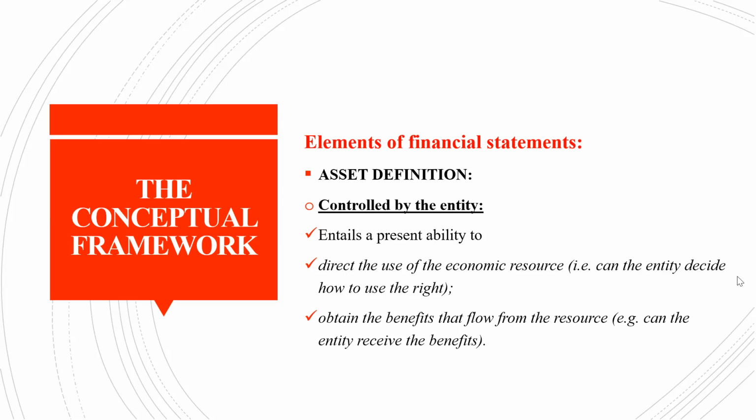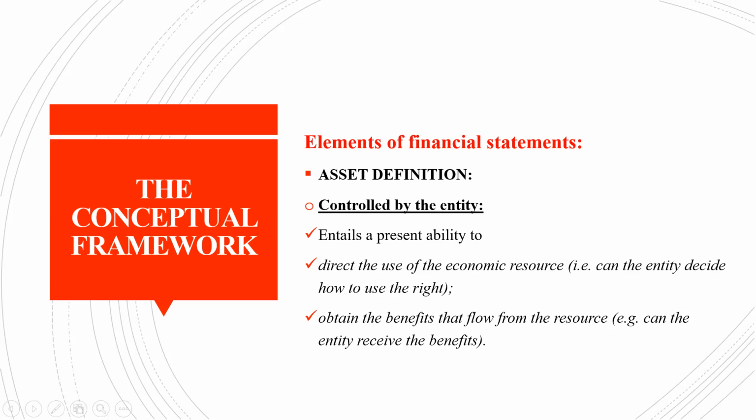In other words, the entity has the right to decide how to use the asset. So for example, they can decide how the motor vehicle should be used. There will be a policy defining the purpose for which the motor vehicle, a delivery vehicle in that sense, ought to be used. Should only be used for business purposes, not personal agendas.